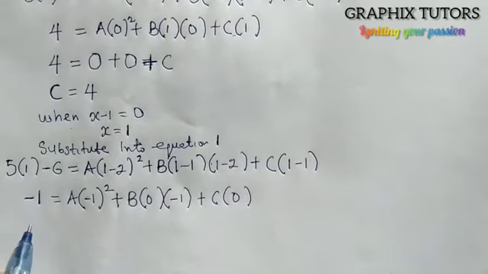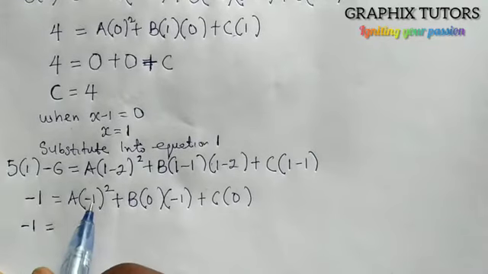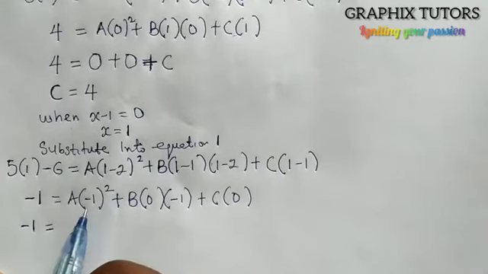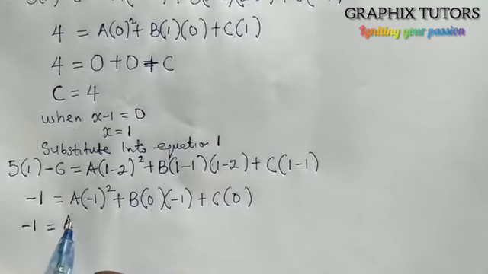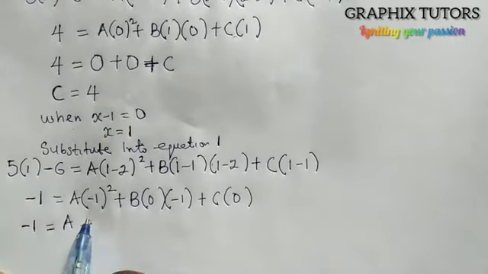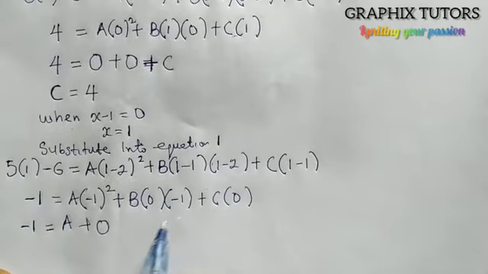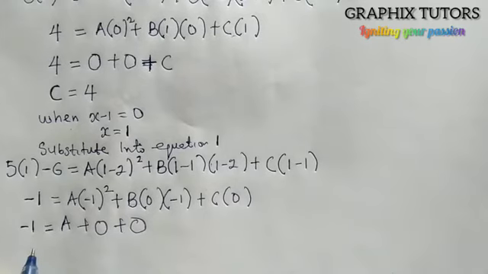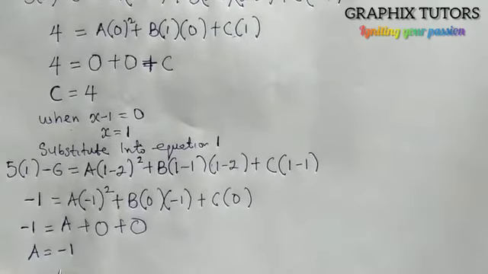So from here, I have minus 1 is equal to negative, and the power is even. And when the power is even, negative will always be positive. So positive 1 times a will give you a. Right? Plus b, 0 times anything will give you 0. Plus 0 times anything will give you 0. So we'll now say my a is equal to minus 1. Right? Now this is a.